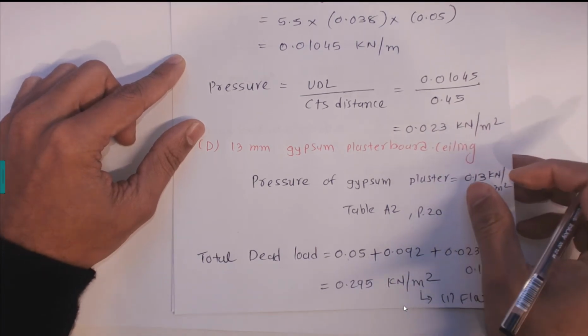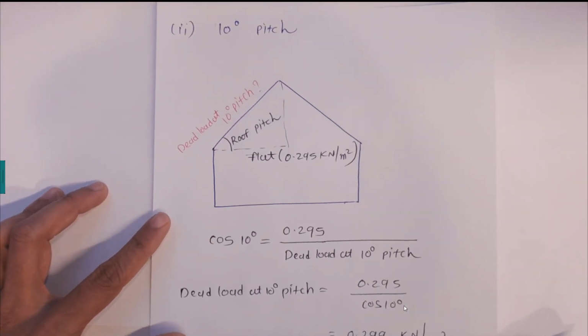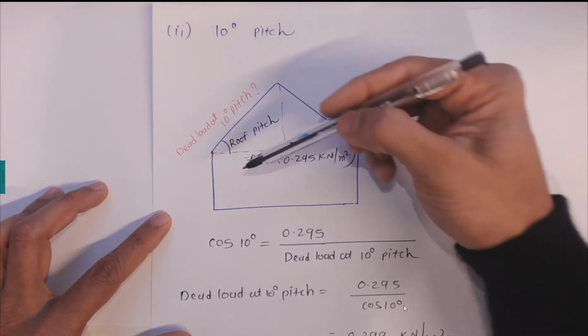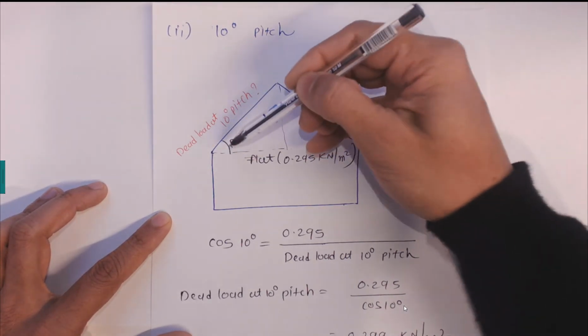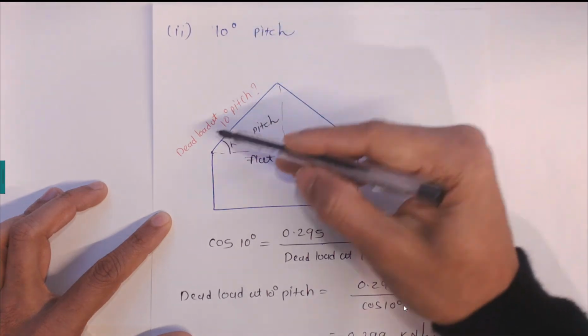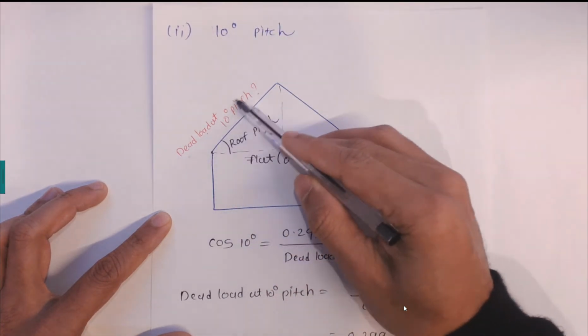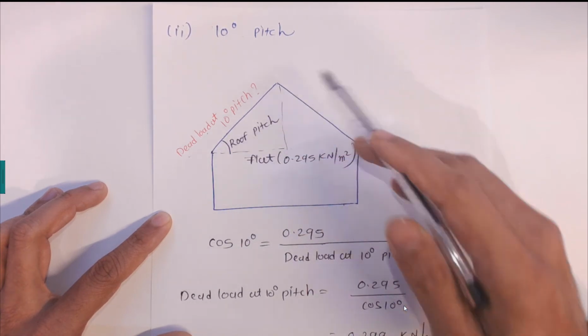Now the second case is a 10-degree pitch. The question is asking us to find the dead load at 10-degree pitch. If I show the roof pitch here, this is the flat condition and this is the roof pitch, 10 degrees given for this one. Now we need to calculate the dead load at 10-degree pitch. It's quite simple.